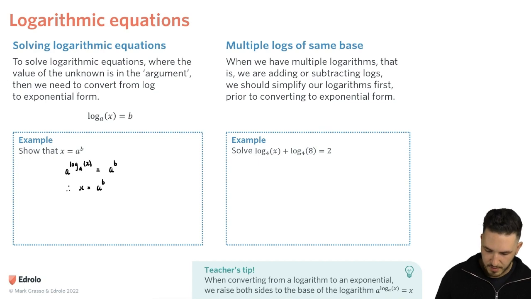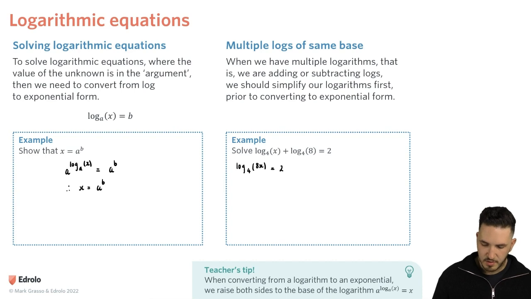So we're going to have log 4 of x times 8 just becomes 8x equals 2. Again, we're going to use a base of 4 on both sides, just to keep it really consistent. You don't have to show this step of the working out later on. However, it's good just to see what we're actually doing to both sides. That's 4 to the 2.